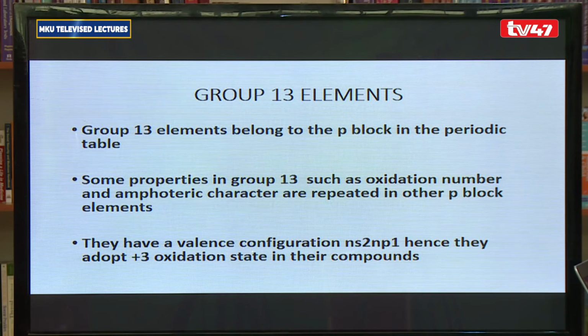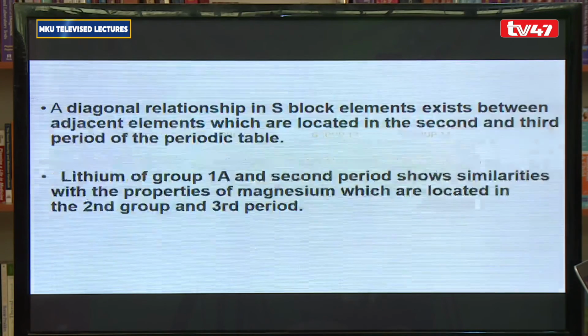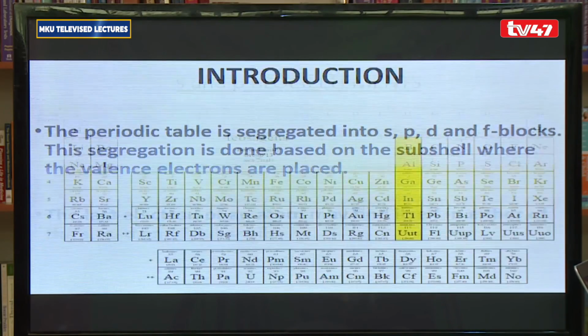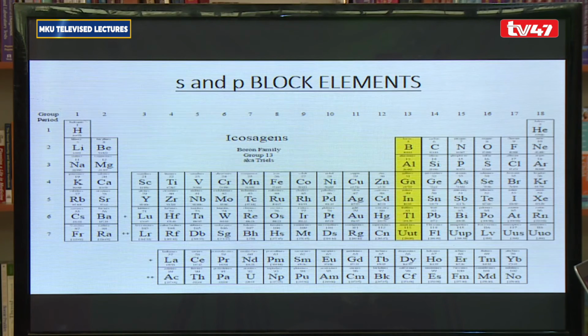So now we're going to look at the group 13 elements, and group 13 elements are the first ones in the P block category. So group 13 includes boron, aluminium, gallium, indium, and thallium.